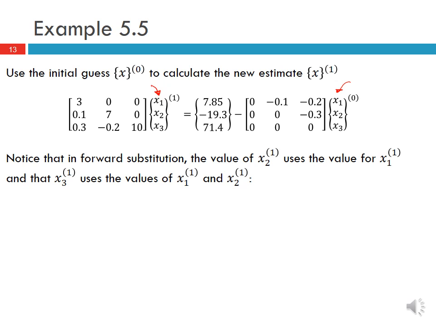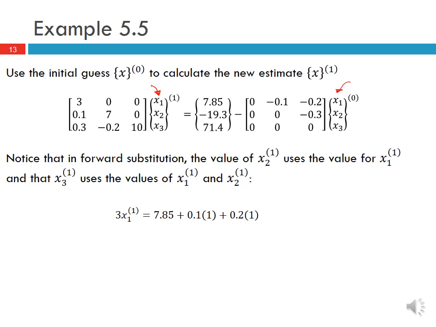So it uses the current iteration rather than the previous iteration because we've already calculated it when we do the forward substitution method. And so x3 uses the values of x2 at 1 and x1 at 1, rather than using the previous iteration, which was done with the Jacobi method. So you'll see kind of how this works.